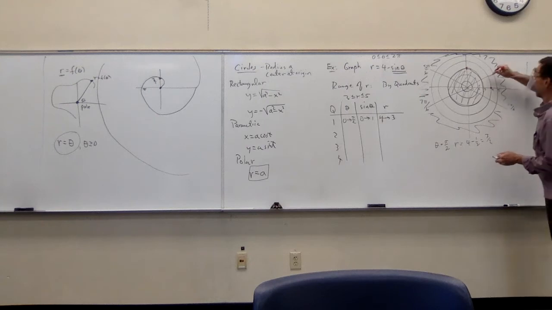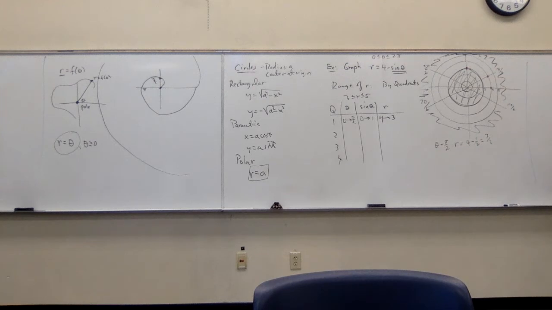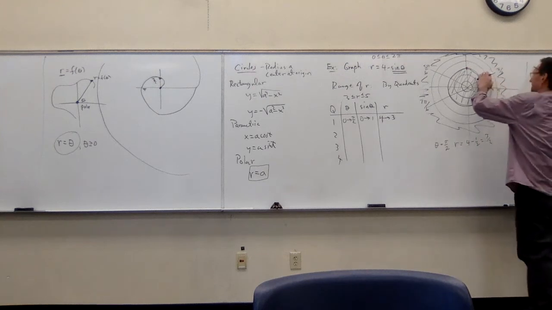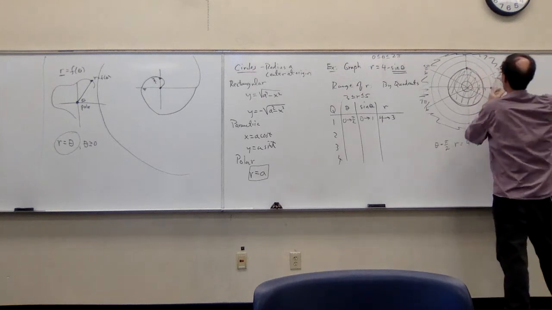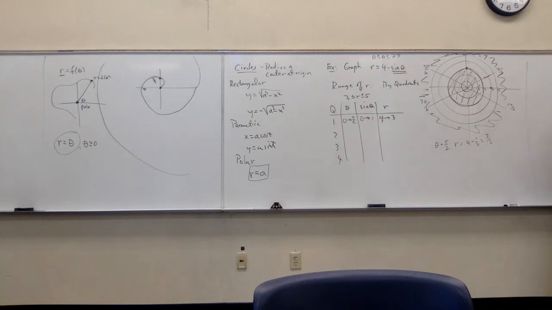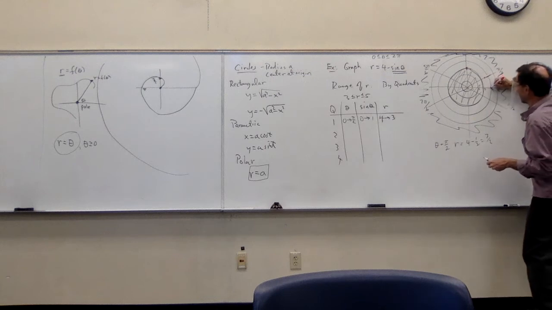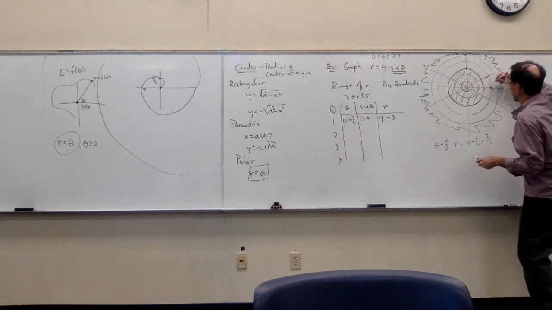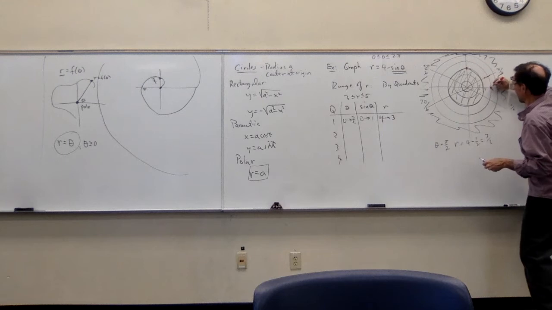Oh, sorry, we need to go out halfway. We need to be halfway between the circles, not pi over 6. Again, then we just draw the best graph we can, gradually getting sucked into that circle of radius 3.